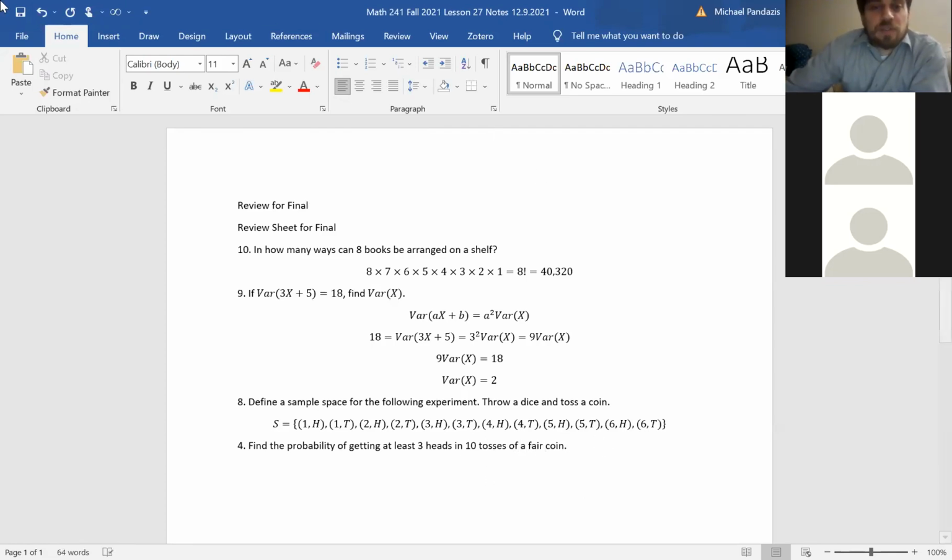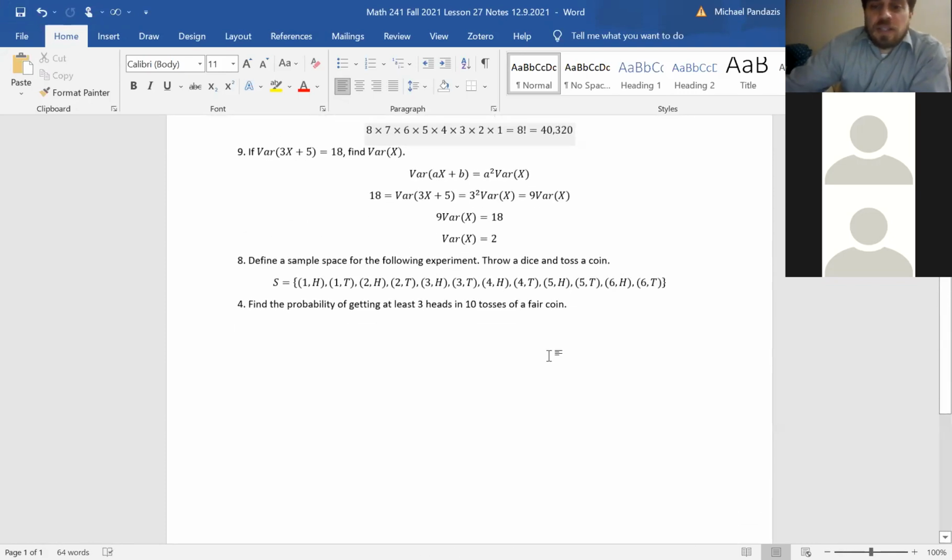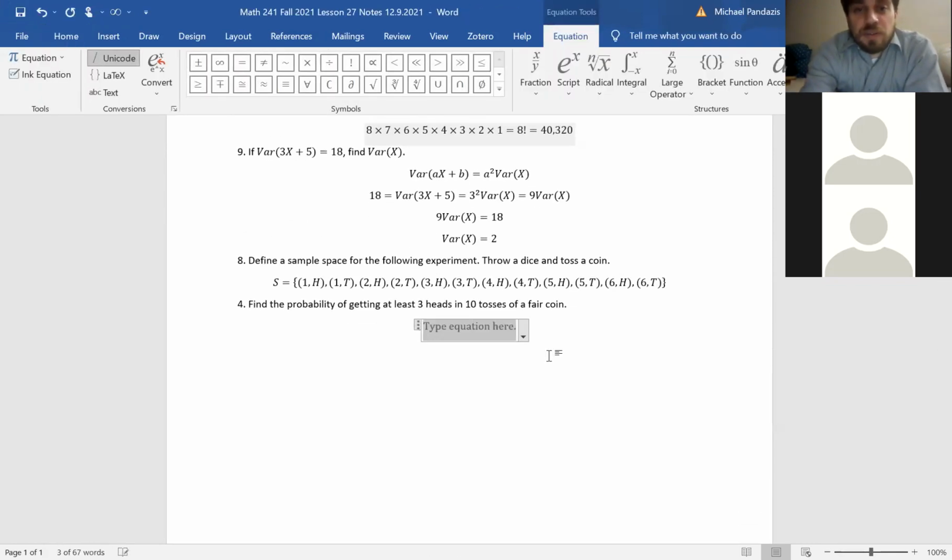Okay, so if you toss the coin 10 times, you can think of each toss of a coin as a Bernoulli trial, where the probability of success is 1/2.